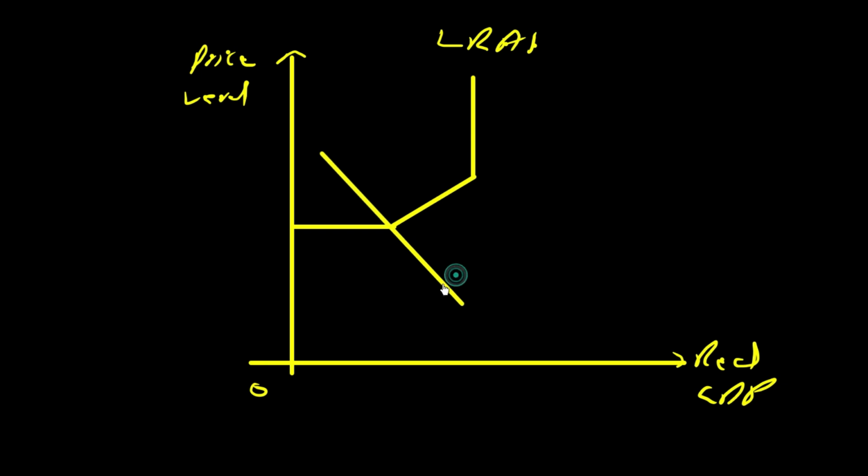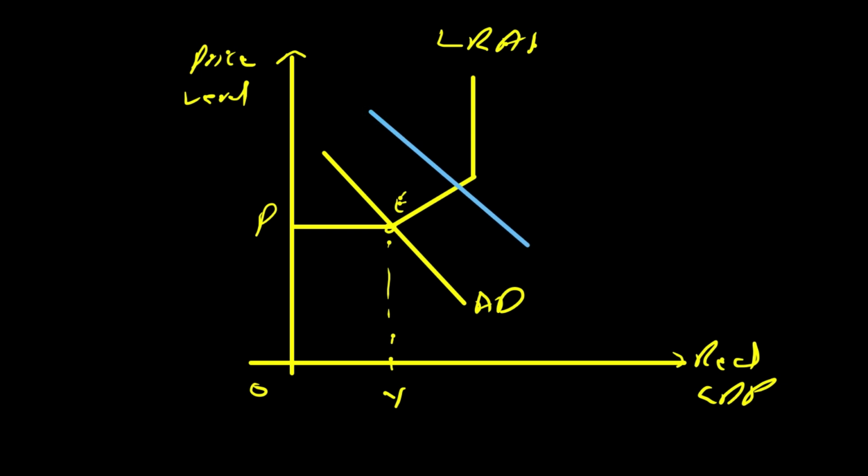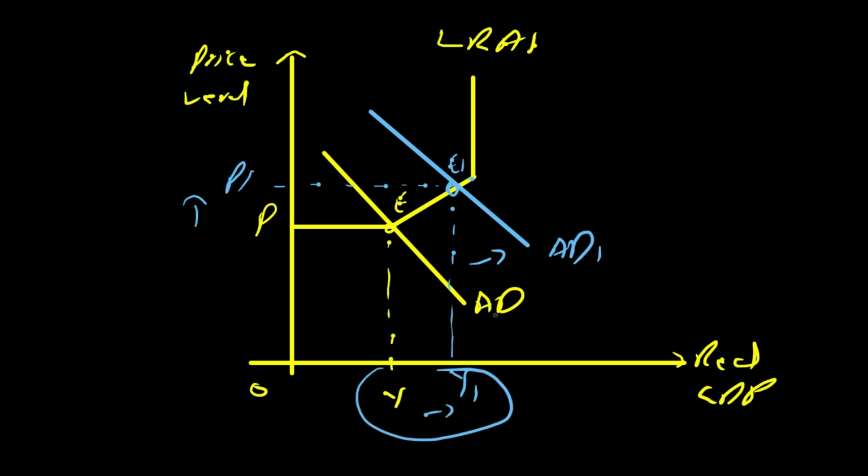This was the initial aggregate demand curve, AD, where equilibrium takes place at E, real GDP is Y, and price level is P. Now if there is a rise in aggregate demand, then the aggregate demand curve will shift to the right, and the new aggregate demand curve will be AD1, equilibrium will move to E1, and real GDP will rise to Y1, and price level will rise to P1.